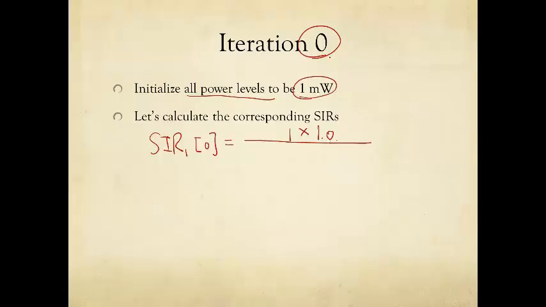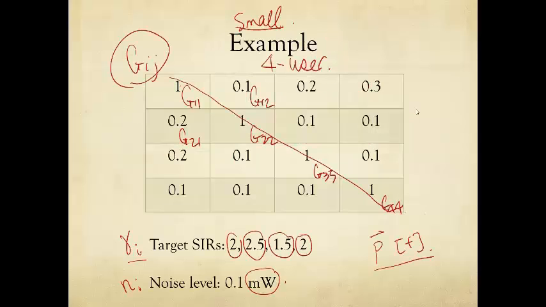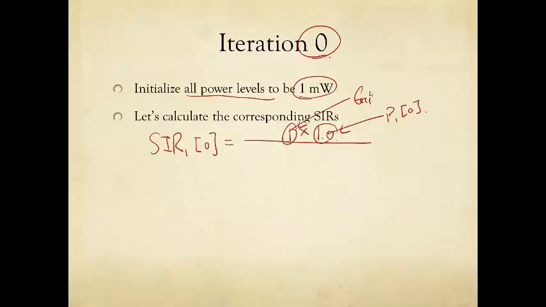And then we'll write down the similar expression for the interference. What are the interference channels? Well, we got 0.1 from the second transmitter, 0.2 from the third, and 0.3 as the interference channel gain from the fourth user.